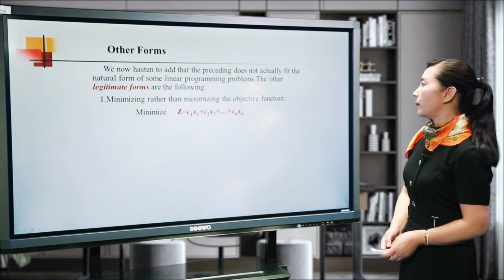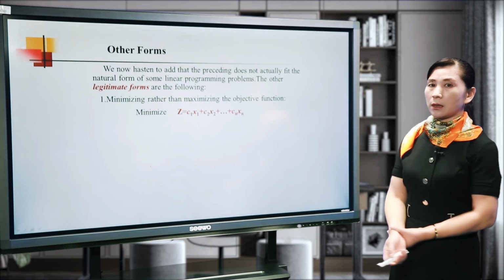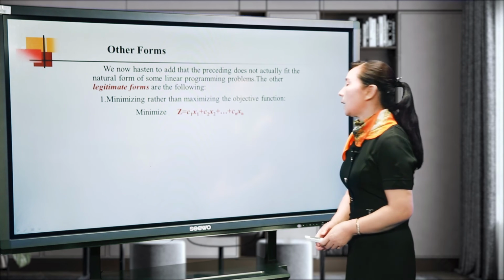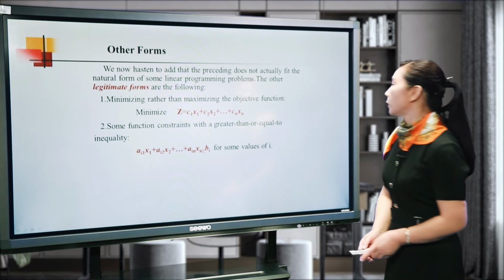So we describe it as minimize z equals c1 x1 plus c2 x2 plus ... plus cn xn. Some constraints are not less than or equal to, but rather greater than or equal to.